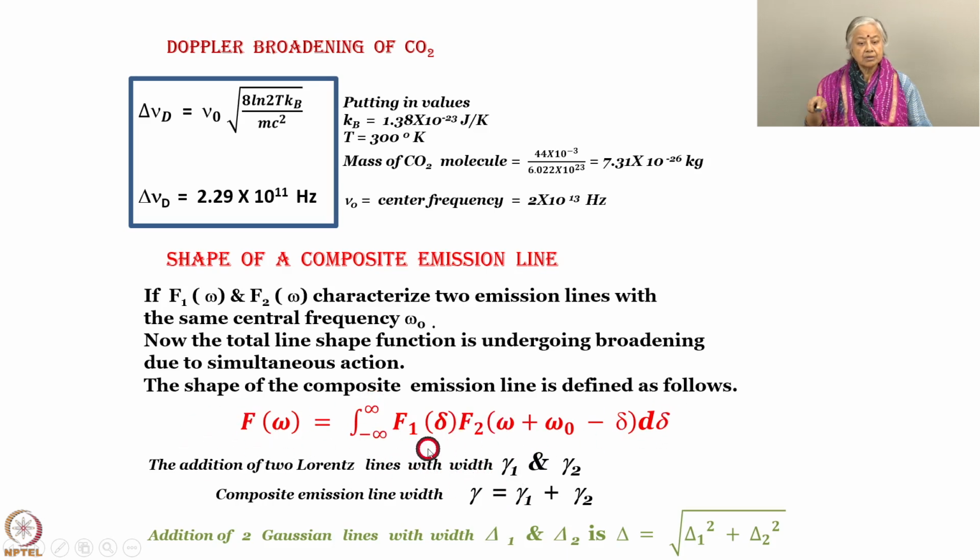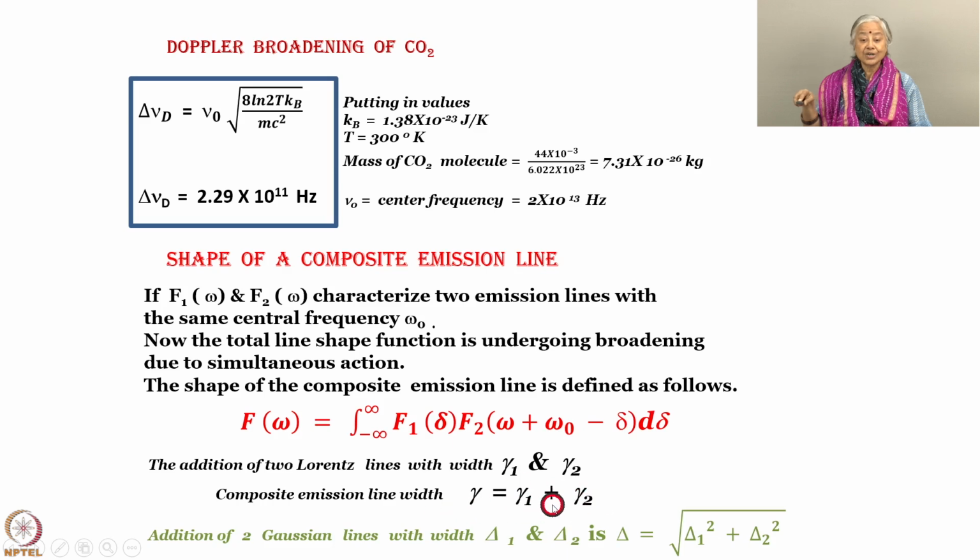So, you can put in f1 maybe a Doppler broadened line, f2 could be a natural line broadening mechanism, and then the composite one will be given by this formula. Suppose, just as an example, the addition of two Lorentzian lines, each of them with width gamma 1 and gamma 2. The composite emission line width is given as gamma 1 plus gamma 2.